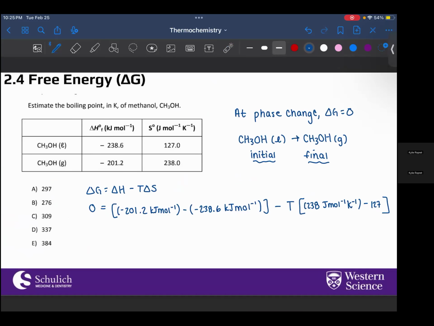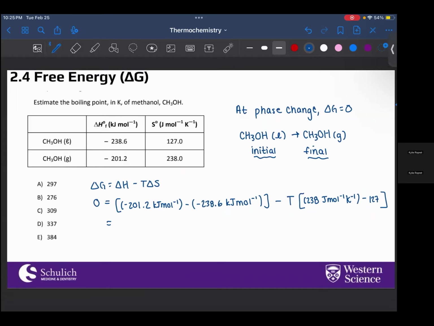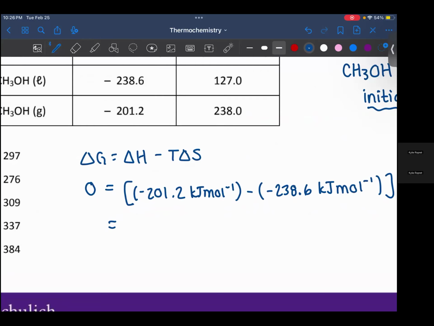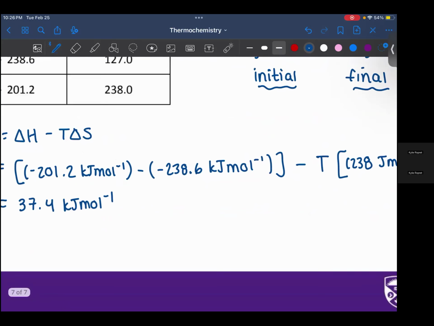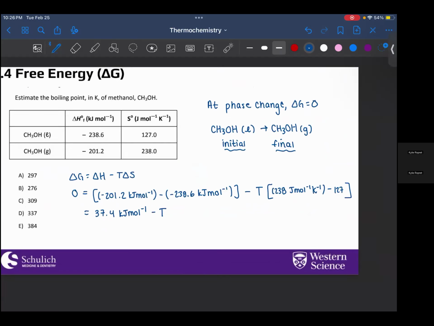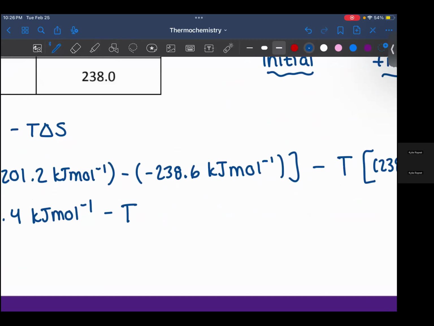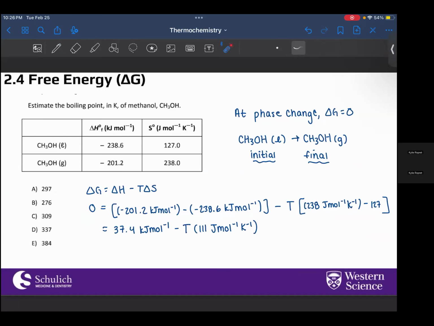It's the same units. So let's calculate this. So this is going to be 37.4 kilojoules per mole minus T times 111 joules per mole.